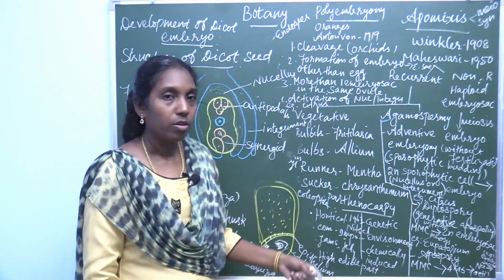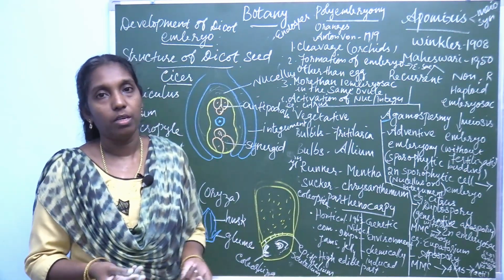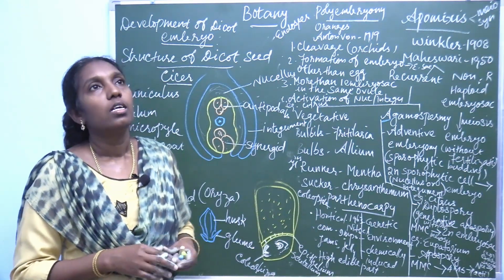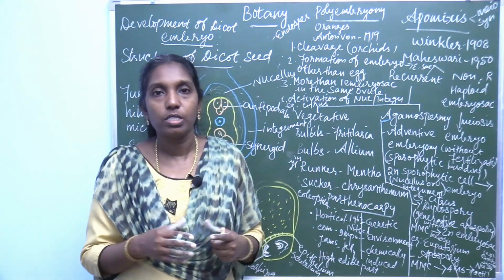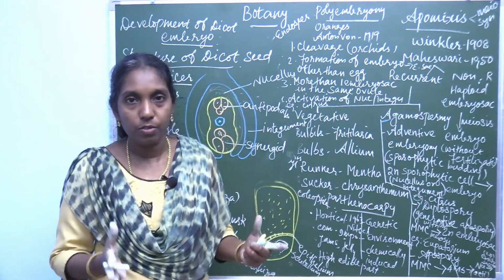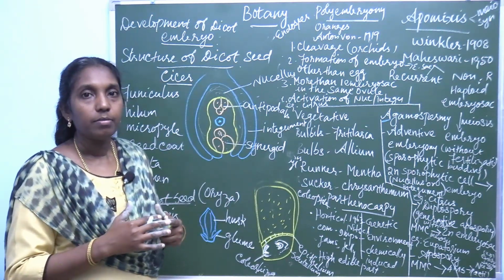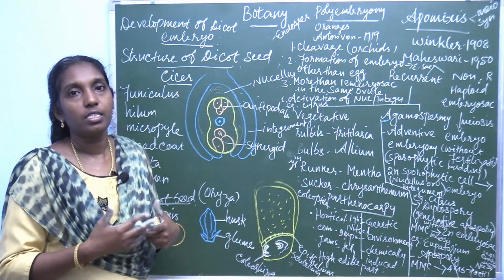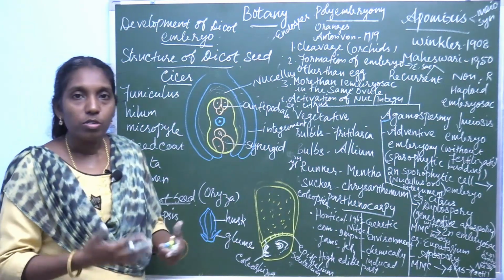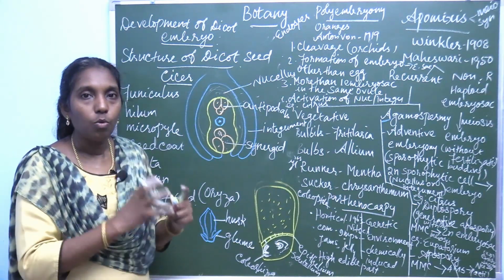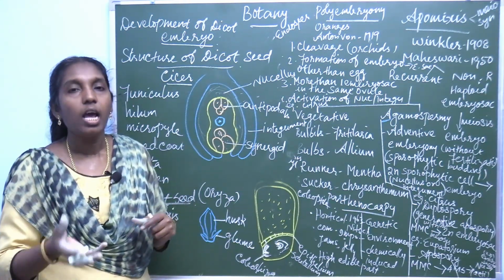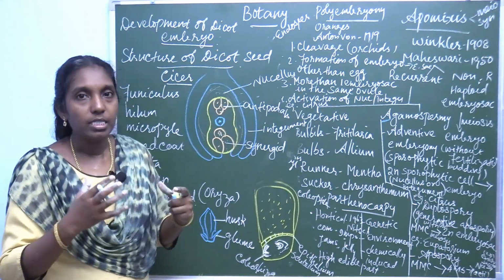Now, one more topic you are going to study, parthenocarpy. Parthenocarpy is the process of developing seedless fruit. In the normal process, after fertilization, post fertilization changes take place: the ovary becomes the fruit and the ovule becomes the seed.